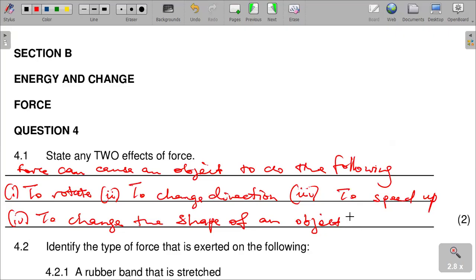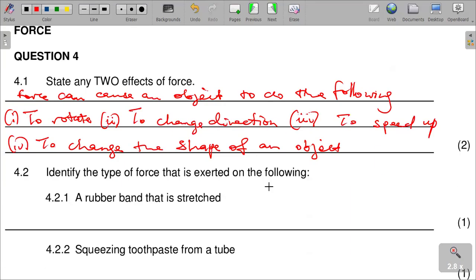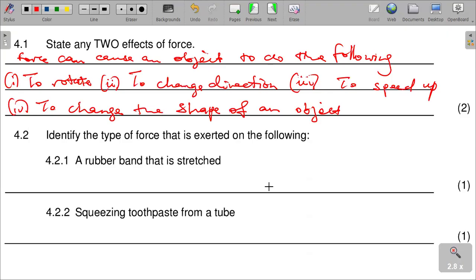So what we are saying is that force can cause an object to change shape, change direction, speed up, and rotate. These are some of the things that force can do when it is applied on an object.